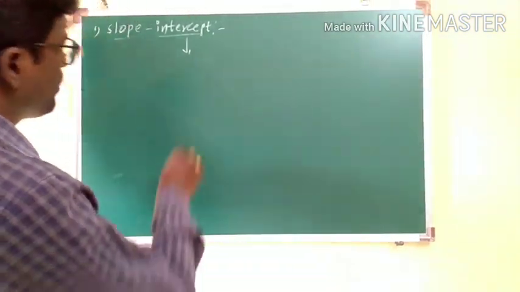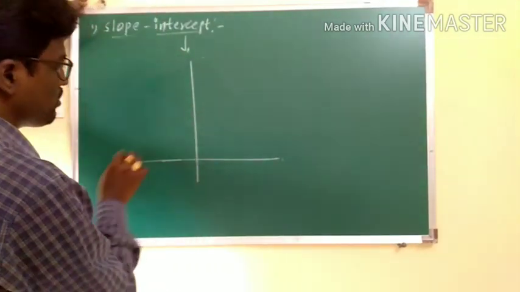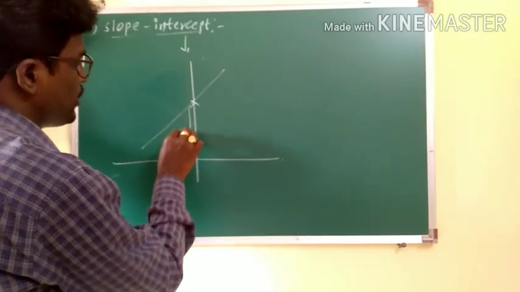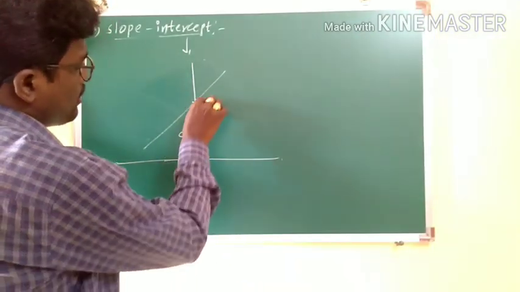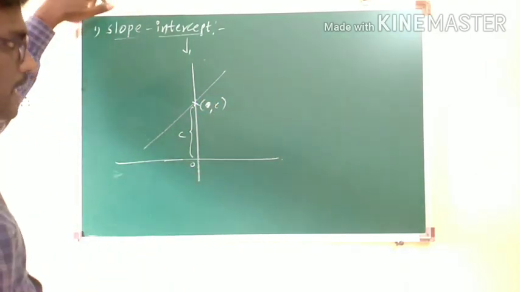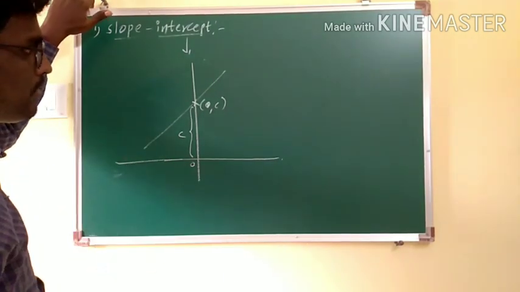Suppose the line cuts the y-axis at c units away from the origin, so we take the point 0 comma c, since the line cuts the y-axis at the point 0 comma c.